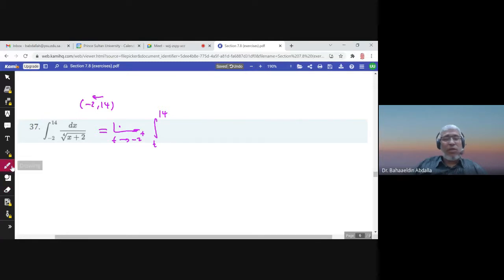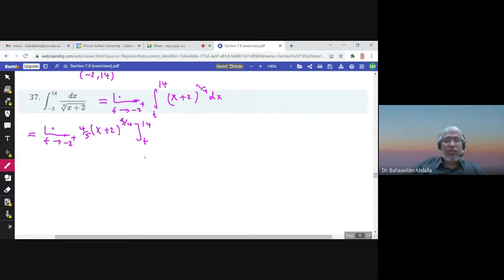x plus 2 to the power 1 over 4. Then the integral is (x plus 2) to the power 1 over 4 plus 1, which is 5 over 4, over 5 over 4, or times 4 over 5, from t to 14.